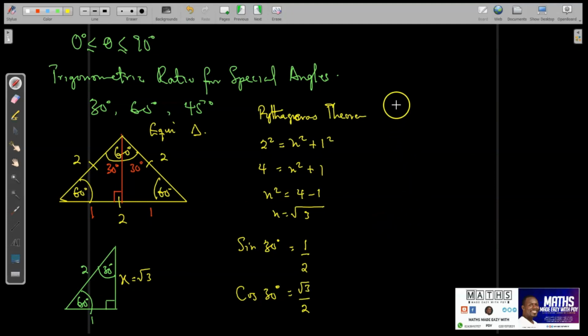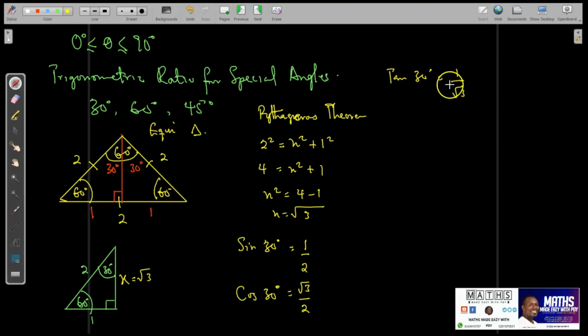Then we go to the last ratio, tan of 30 degrees. Tan of 30 degrees will become the opposite side of 30 degrees, which we've seen from the diagram as 1, on the adjacent side, which we've seen on the diagram as root 3. So tan 30 is 1 over root 3.